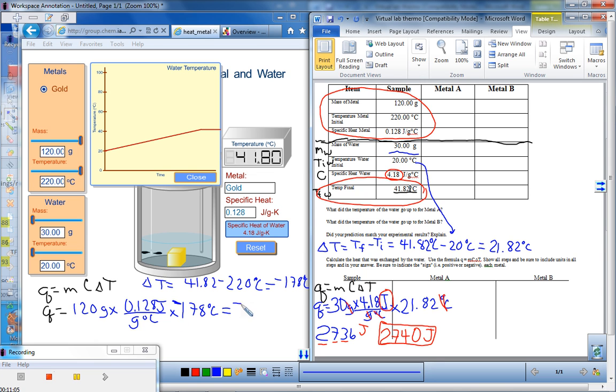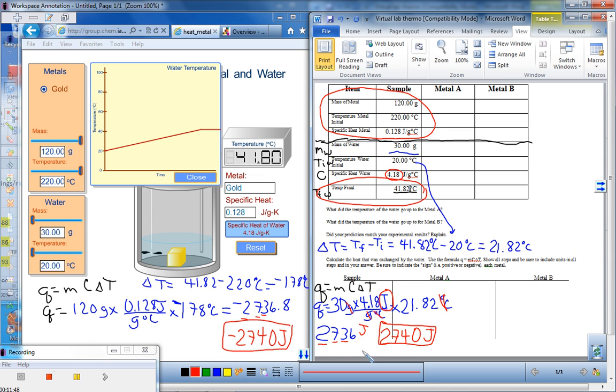And that ends up being negative 2736.8. And again, we're going to be using 3 significant digits due to the specific heat. So that would be 1, 2, and 3. So I'm going to end up with a negative 2,700. Now the 6 is going to make the 3 into a 4. 4 and a placekeeper 0 is going to be joules.